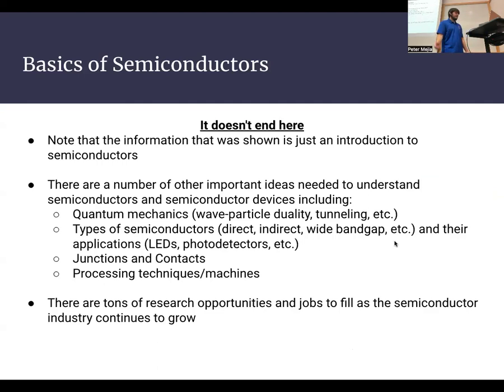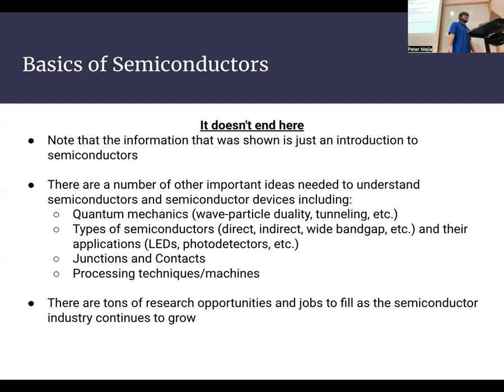So that was kind of a brief introduction to semiconductors, but it doesn't end there. This is just an introduction. There are a lot of other ideas, as questions were coming up. It incorporates a lot of other concepts that you need to know. Some of those include quantum mechanics, so you need to know a little bit about wave particle duality, tunneling, and a bunch of other probability equations.